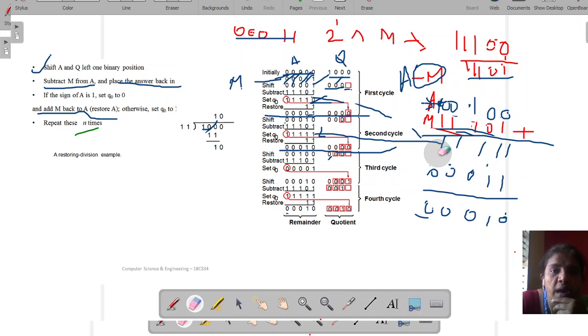After that you have to add as well, because the 2's complement of M remains the same. What is the value you get? Adding bit by bit, you get 4 zeros and 1. Where is the result? A minus M.